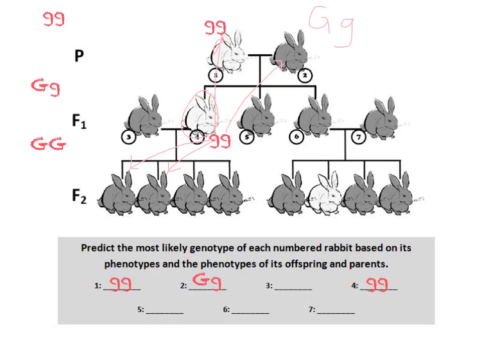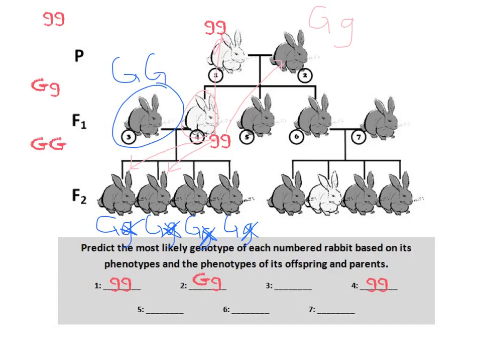So that means that this one had to do what? If all these are gray, there's no whites. That means that all of these are big G, little g's. Okay? Because they're gray. But the little g came from the mom, so the dad had to be what? Because he can only give a big G. Okay? So for number 3, you have a big G.